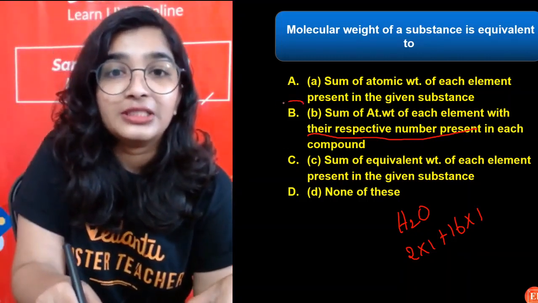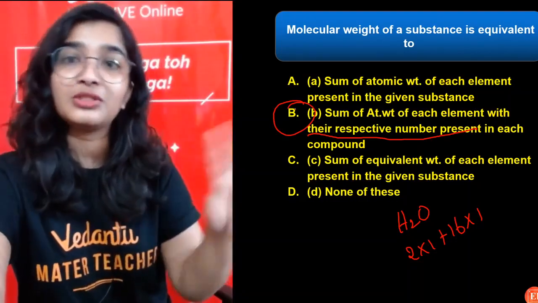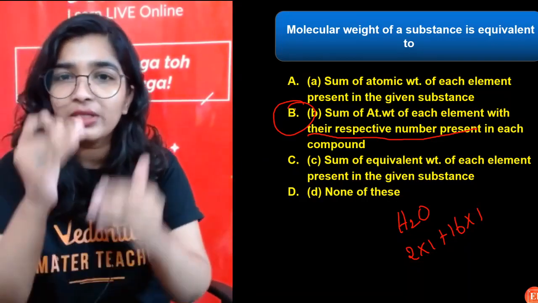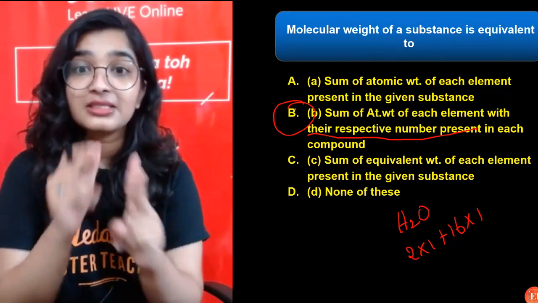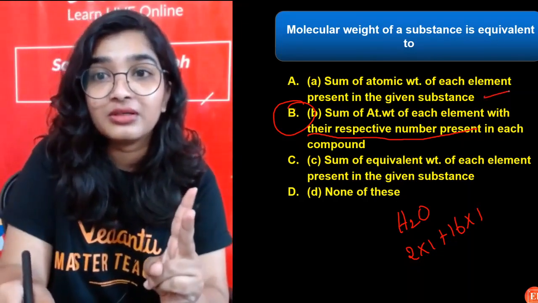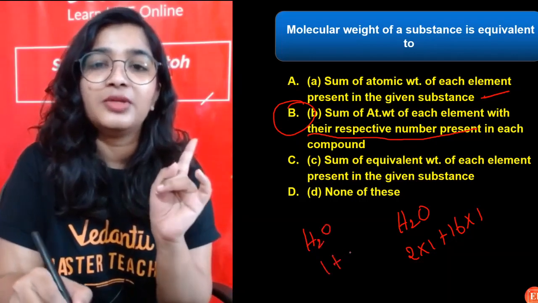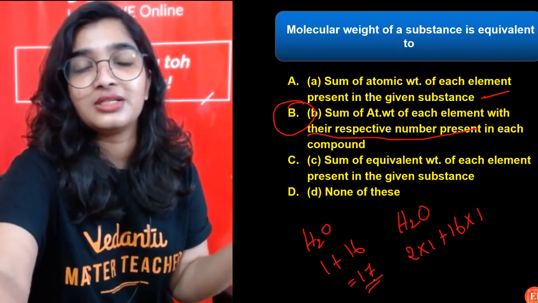So option B would be the right answer. Please do not get confused because all the options are very similar, so read them properly. Hydrogen 1 plus oxygen 16, will this be the right answer? No, right?